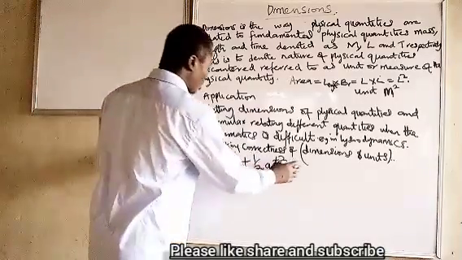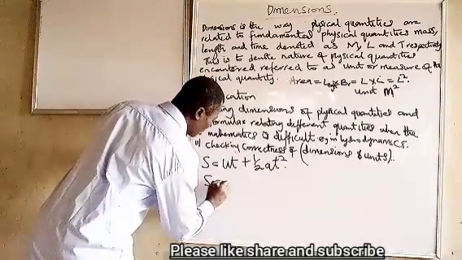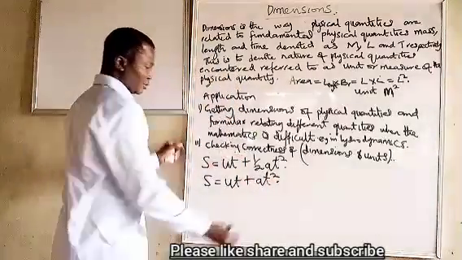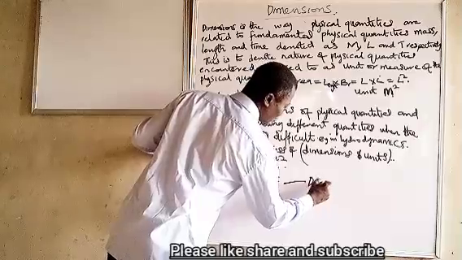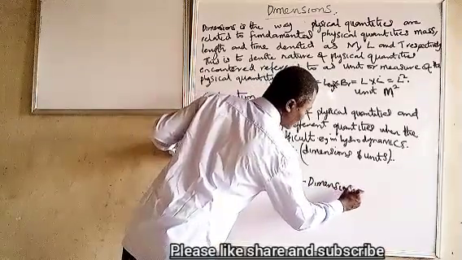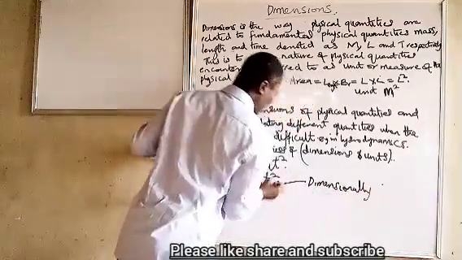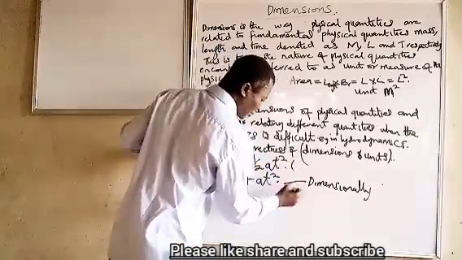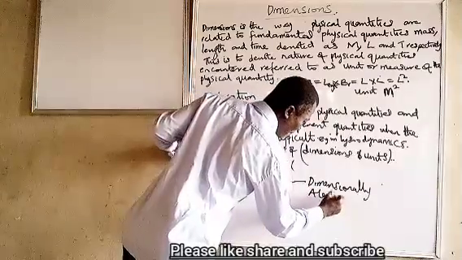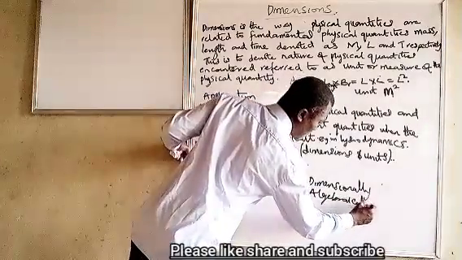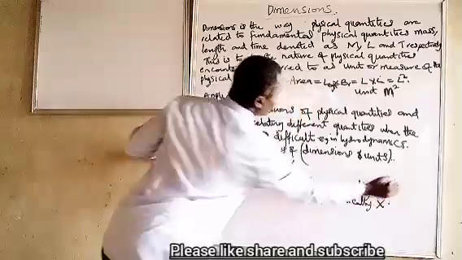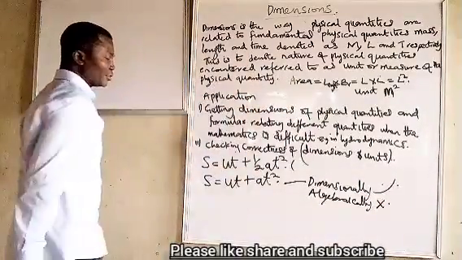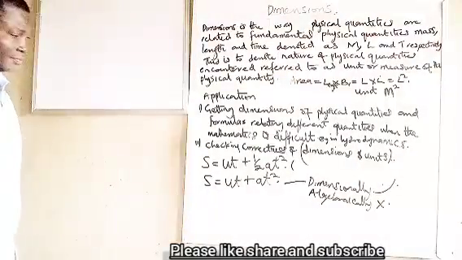But if you mistakenly write S equals UT plus AT squared, if you check this out, it is dimensionally correct, but if you look at the algebraic sum, this one is wrong algebraically. So you can see that is the extent that dimensions can take us to.